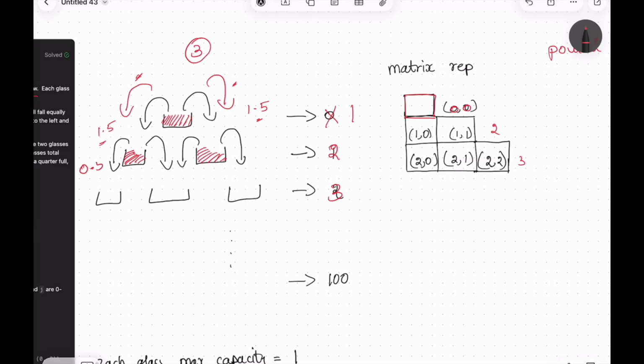What will be the remaining portions? It is 0.5 and 0.5. This 0.5 will be split into two halves and moved left and right. From this champagne glass, the left portion will get half of 0.5, which is 0.25.